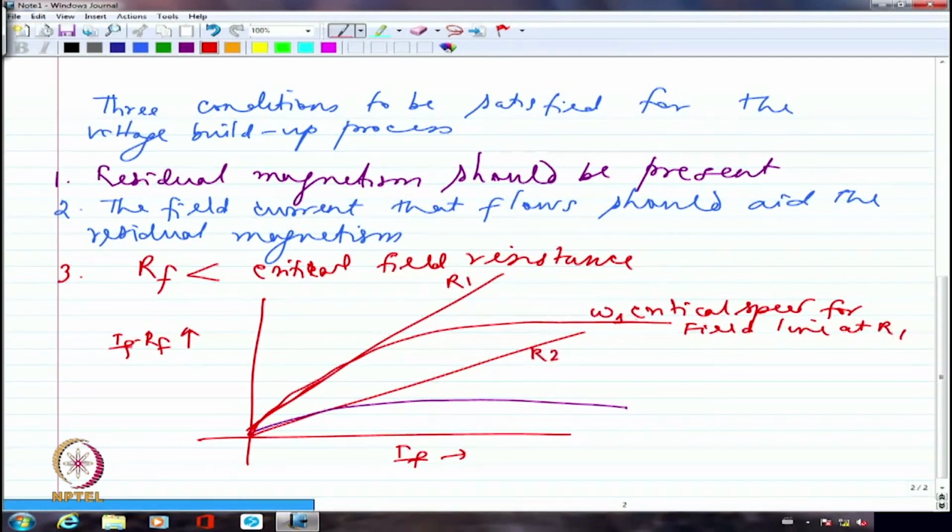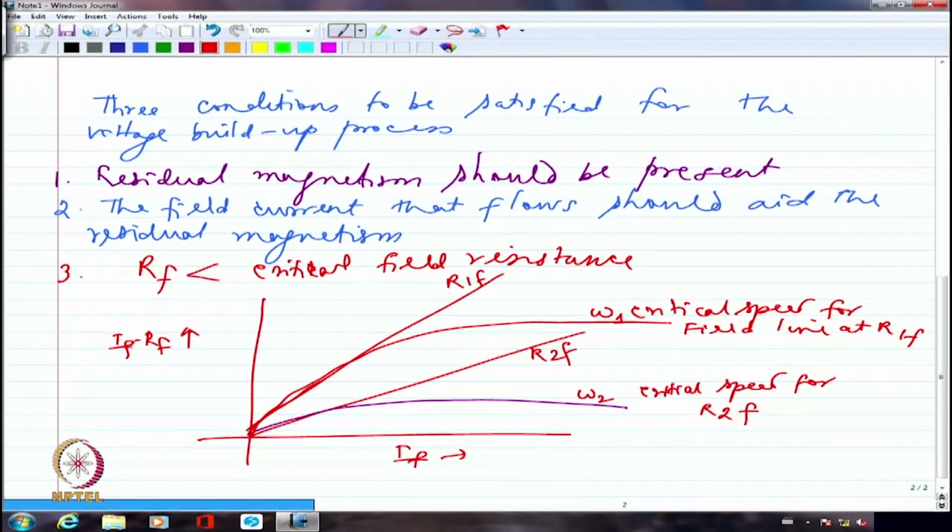Maybe this is R2, and let me call this as R1F, R2F. I am talking about resistance of the field, so I am writing R1F and R2F and so on. This omega 2 will be the critical speed for R2F. This is how it will be.